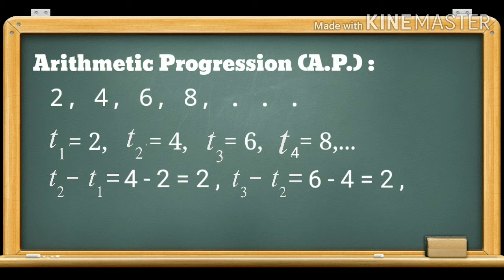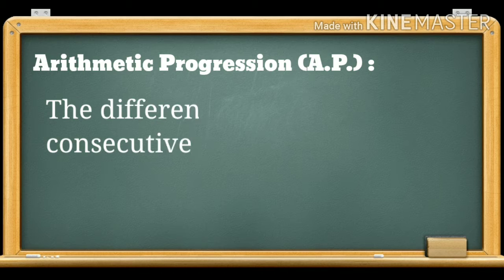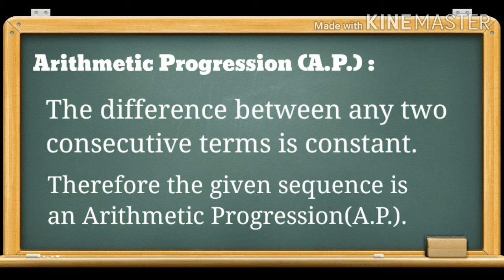So difference between these terms, that is T4 minus T3, is equal to 8 minus 6 equal to 2. If you observe carefully, there is common difference 2. That means the difference between any two consecutive terms is constant. Therefore, we can say that the given sequence is an arithmetic progression.